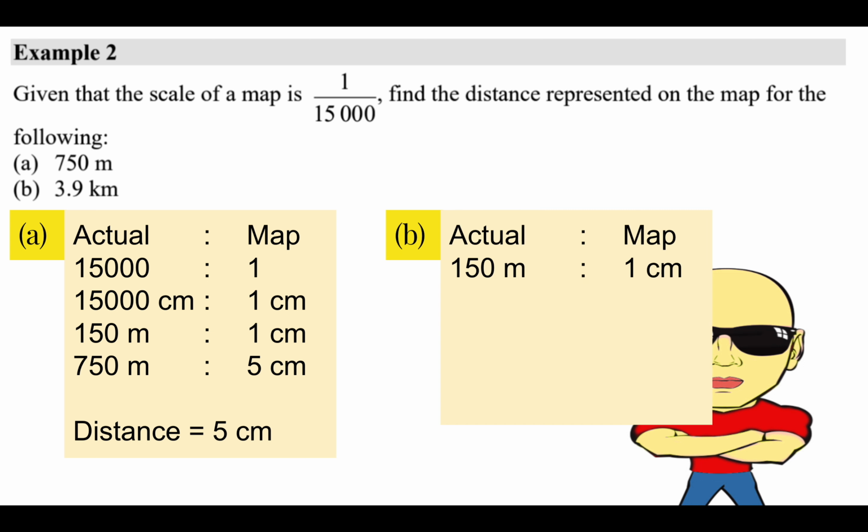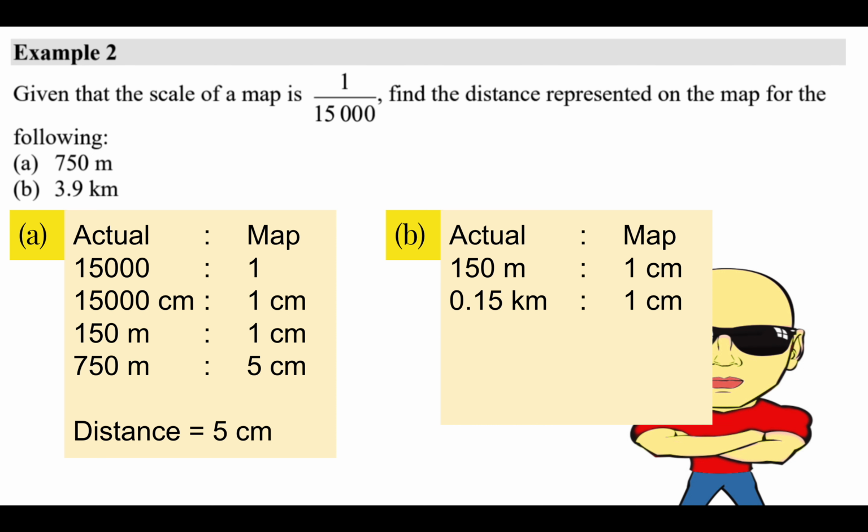Using the same concept, now we can begin with actual to map, 150 meters to 1 centimeter. We do not always need to begin from the scale. We can use any one of the equivalent ratios from part A. So from here, we are going to convert 150 meters to kilometers.